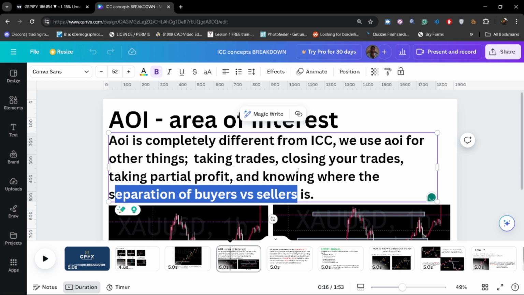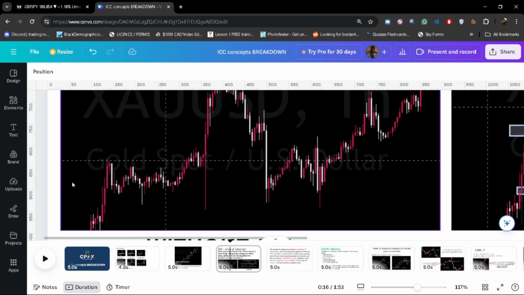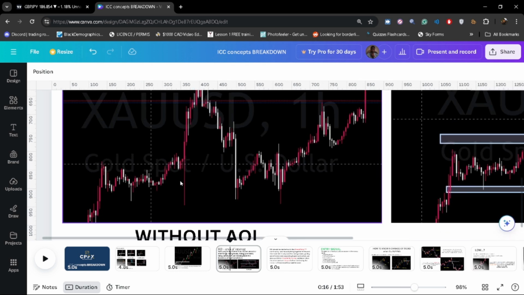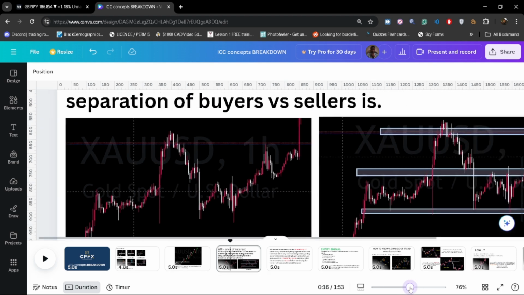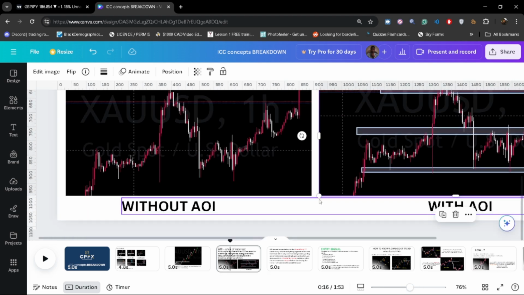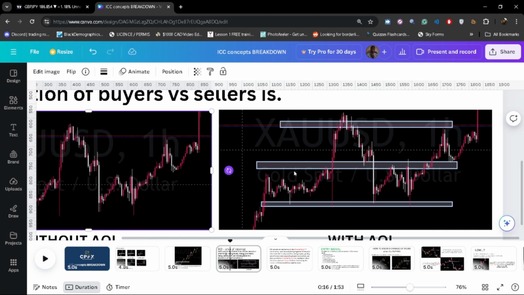The area of interest is used for taking your trades, for closing your trades, taking partials, and knowing where the separation of buyers and sellers are. To give you an example, this is gold in the 1 hour time frame. Clearly on the left hand side, gold has no area of interest here, but on the right hand side you can clearly see there's an area of interest.